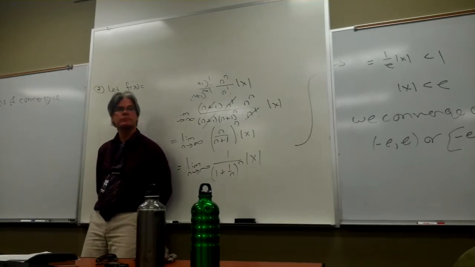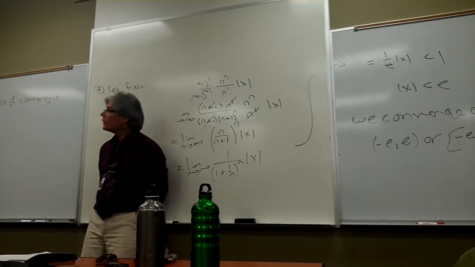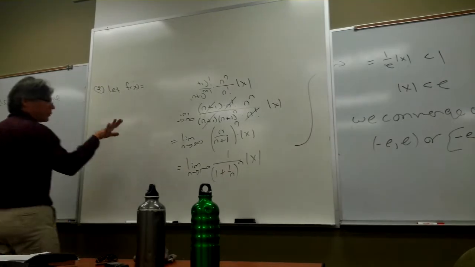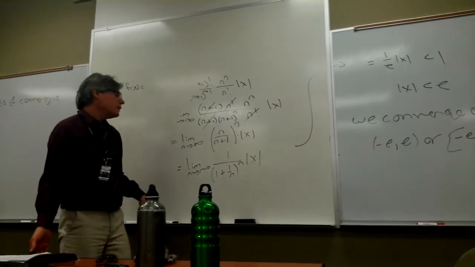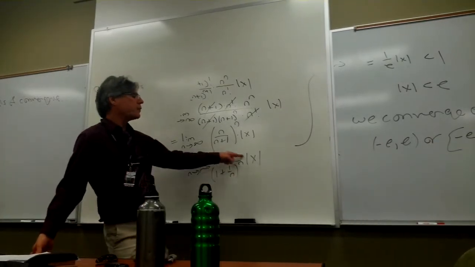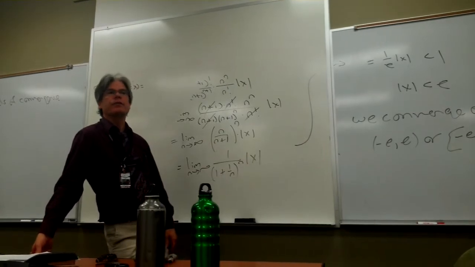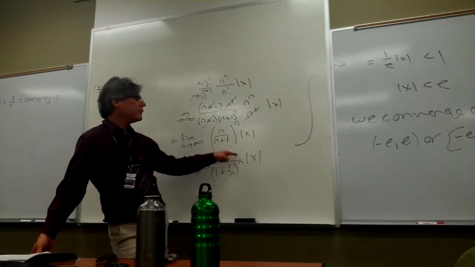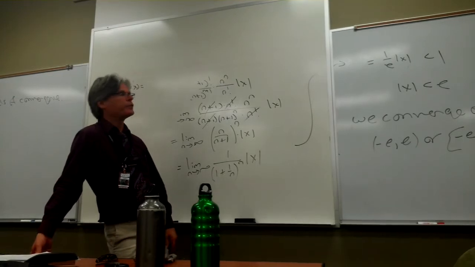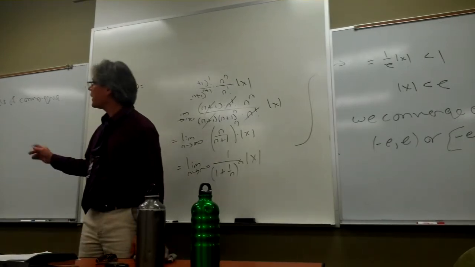Which ones do? Off the top of your head. If you evaluate this limit, which you'll see in my next examples, if this thing evaluates to 0, you've got an infinite radius of convergence. If this evaluates to infinity, you get 0 as your radius. Now, I don't care what your power series looks like.